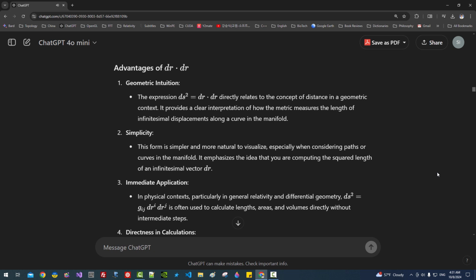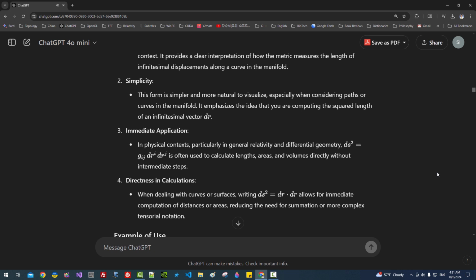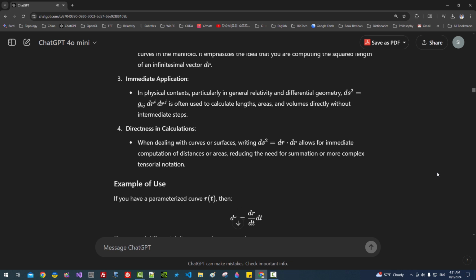It provides a clear interpretation of how the metric measures the length of infinitesimal displacements along a curve in the manifold. 2. Simplicity. This form is simpler and more natural to visualize, especially when considering paths or curves in the manifold. It emphasizes the idea that you are computing the squared length of an infinitesimal vector, dr. 3. Immediate application.